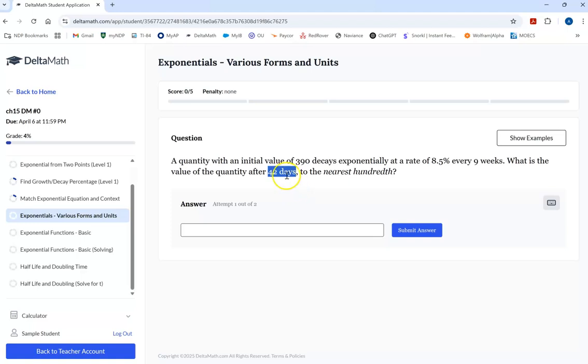So I'd have to figure out how much of 9 weeks is 42 days, and that would be my exponent. Is everybody okay with that? 9 times 7 is 63, right? So my exponent would be like 42 out of 63, or I guess that reduces down to 6 over 9 or 2 over 3.